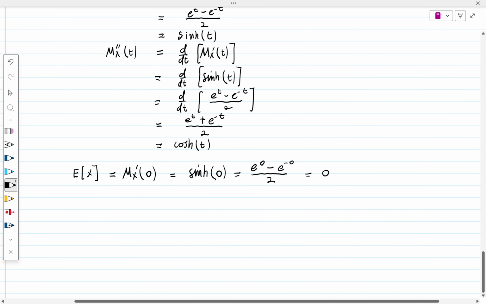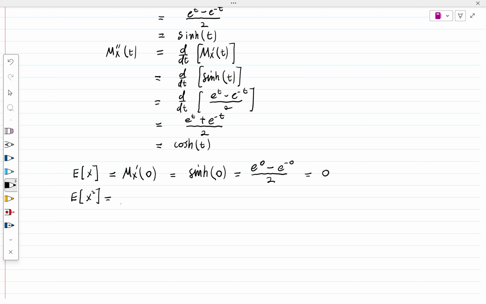In the opposite case, we've got the expected value of X squared, which is the second derivative evaluated at 0. We said before that the second derivative was just cosh. So we've got cosh of 0. In this case, cosh of 0 is equal to e to the 0 plus e to the negative 0 on 2 by definition.